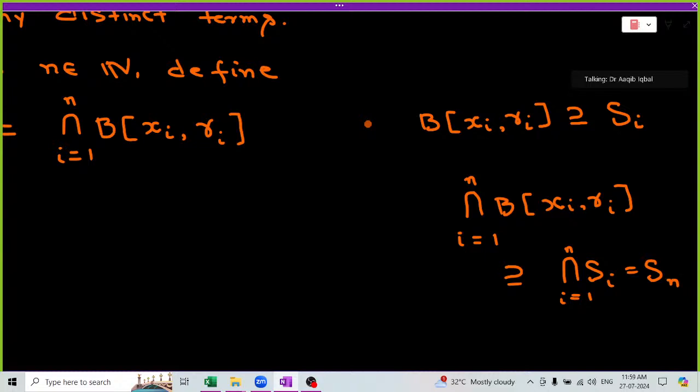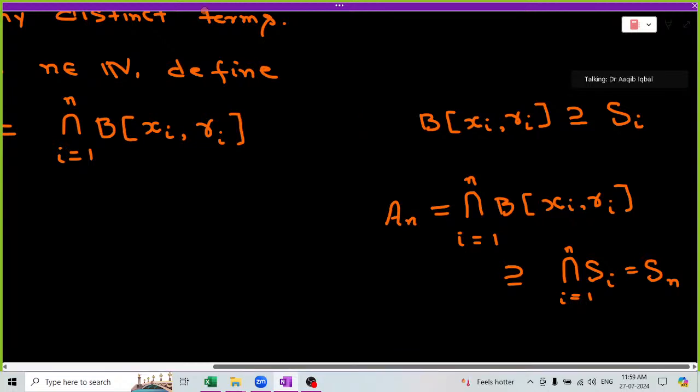That is the reason. So AN is actually containing SNs, and these SNs will be infinite sets, by our assumption that we wrote above.